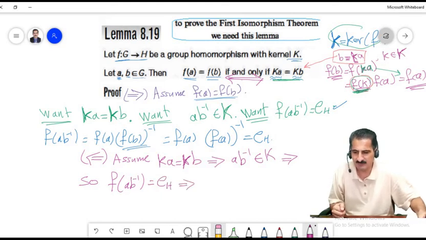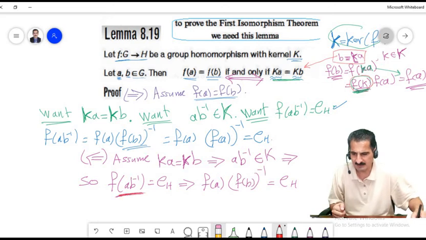But we know that this equals f of a times f of b inverse, and this gives the identity of H. So I would write f of b here.